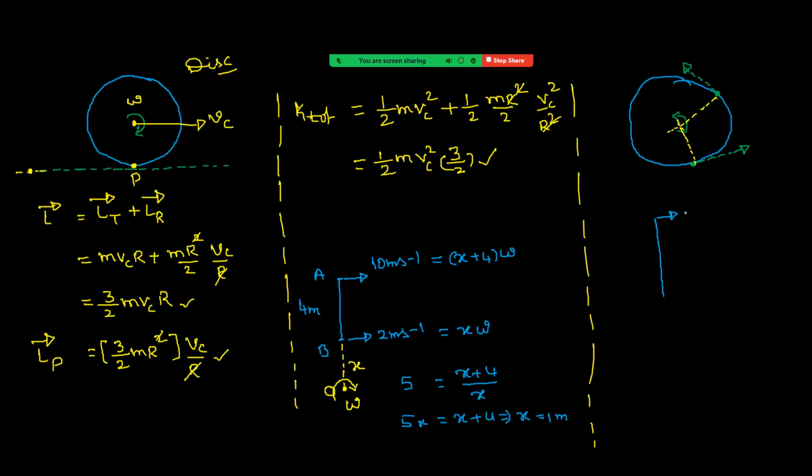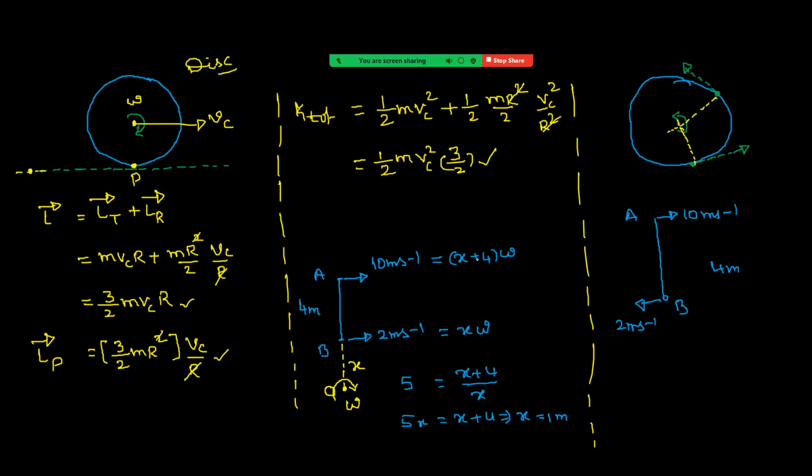So for A, velocity is 10 meter per second, and for B, velocity is 2 meter per second, only the directions change, the remaining is the same. Separation between them is 4 meter. Now in this case, the axis of rotation will be in between the points, right? And as we have discussed earlier, it will be closer to the point which has less speed.